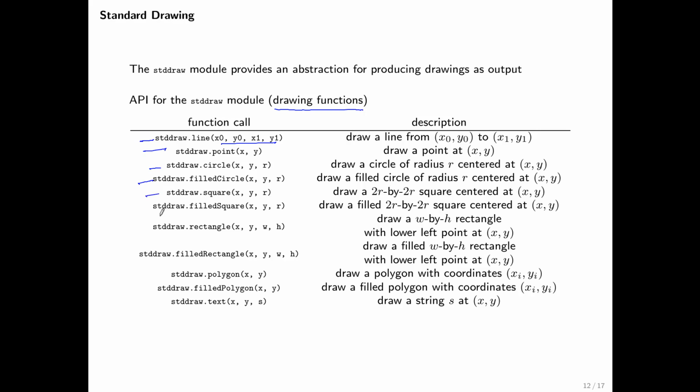So that's how square works. And then you can draw a filled square, a rectangle, a filled rectangle, a polygon, a filled polygon, and you can also write a particular text s at the coordinates x, y using this function. So these are the drawing functions that the Std Draw module supports.